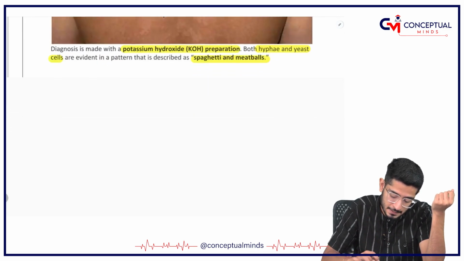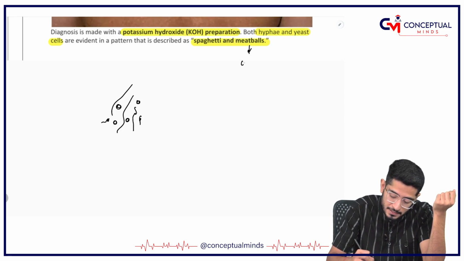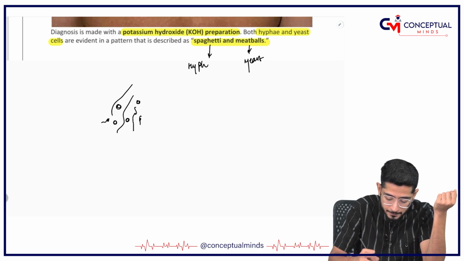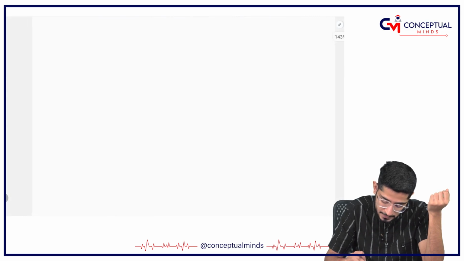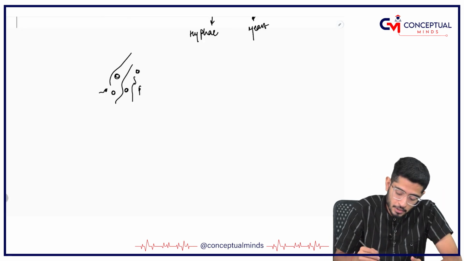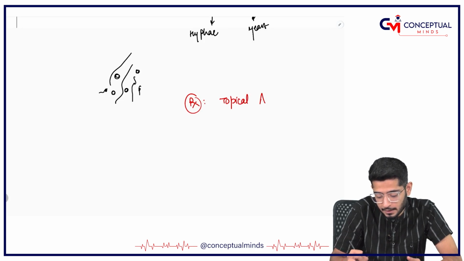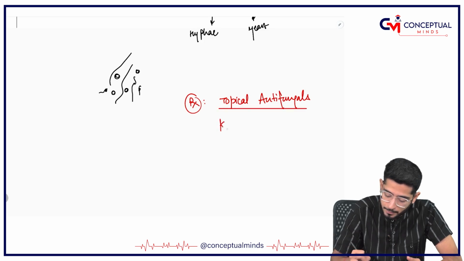The meatball is the ball, that is the yeast form, whereas the spaghetti is the long one, the hyphae. So what will you give in the treatment? Topical antifungal creams can be given, just like topical ketoconazole you can apply.